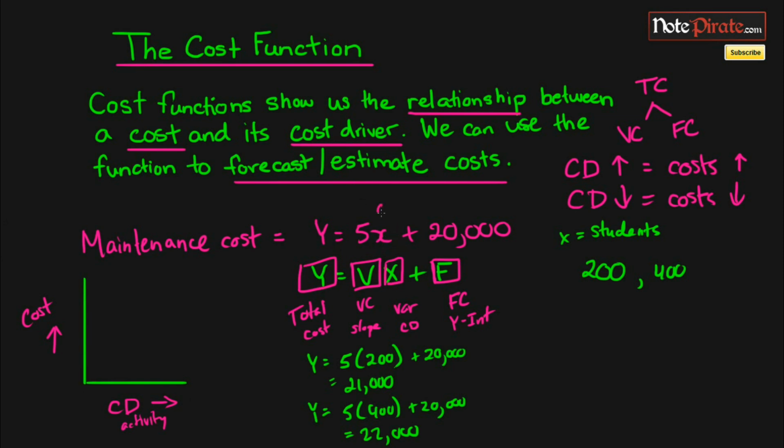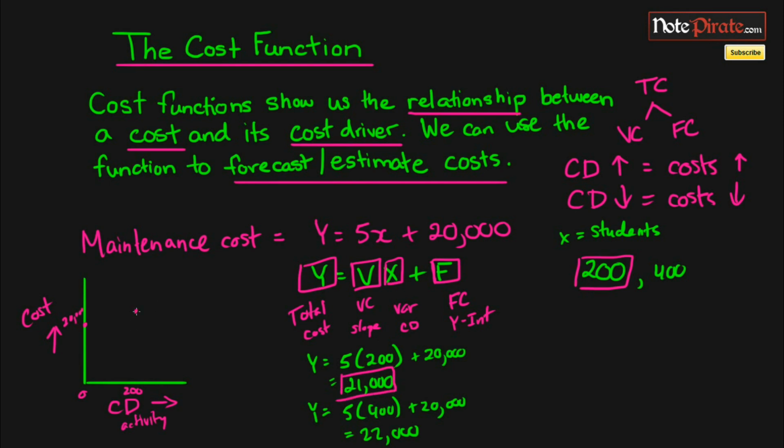If x is 0, this term would be nothing, and y would be 20,000, which is otherwise known as the y-intercept. So that would be our first point at a cost of $20,000. Our second point is at a cost driver activity level of 200, and our total cost would be 21,000.